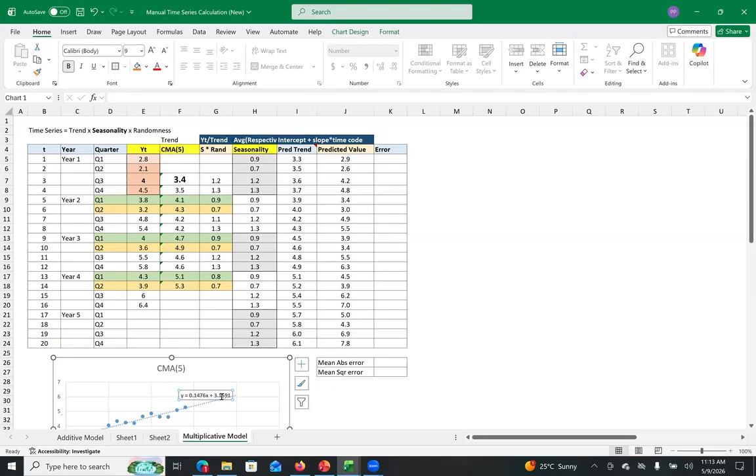Where does the CMA value come from? Sorry, the CMA, that is column F. How does this value get populated? So we have taken the average of two past values, two future values, and one current value. So the average of E5 to E9.